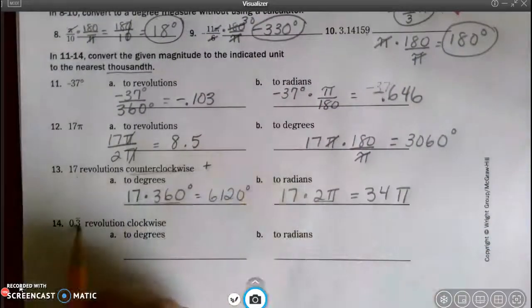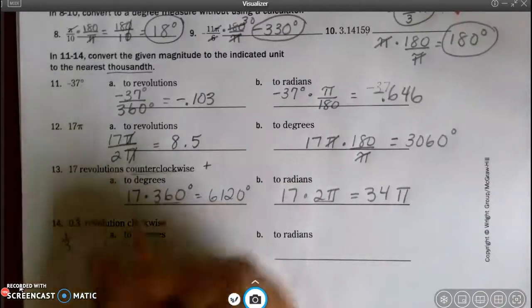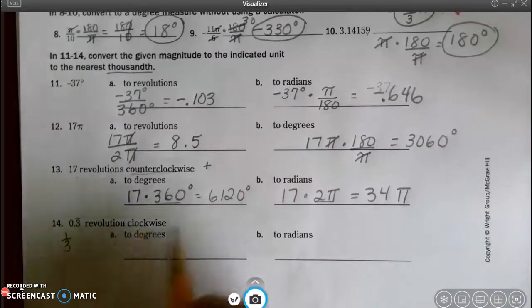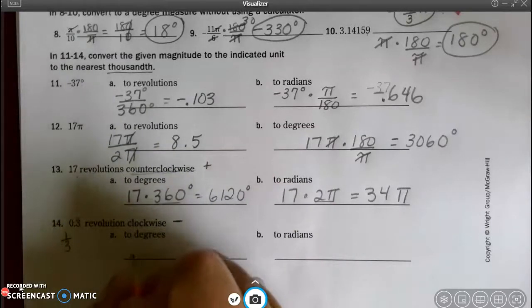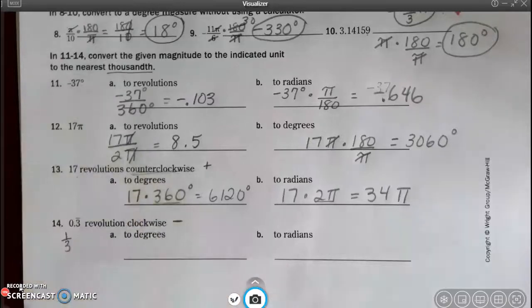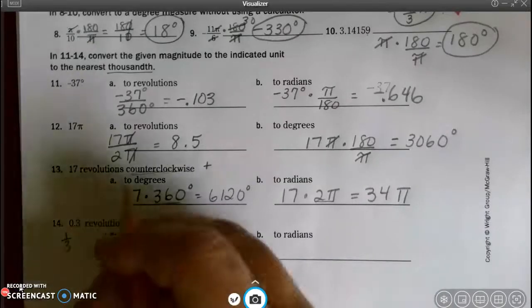Lastly, I have 0.3 repeating, which is 1/3 clockwise. That means it's going to be negative. So I have 1/3 of a revolution, and I'm converting that to degrees. So I'm going to do the same thing as I did up here in number 13.